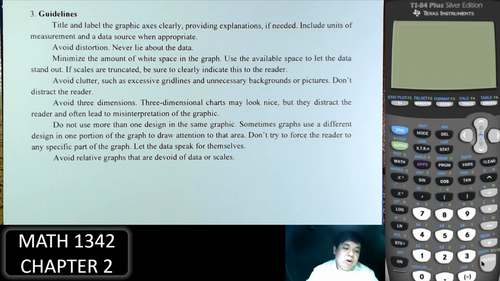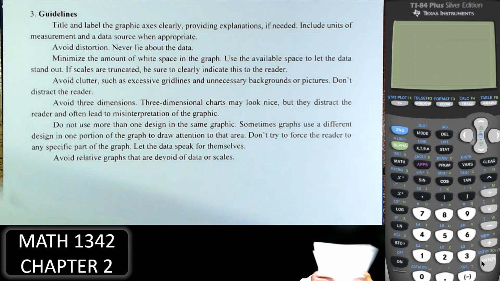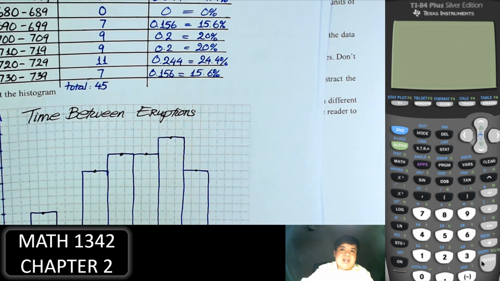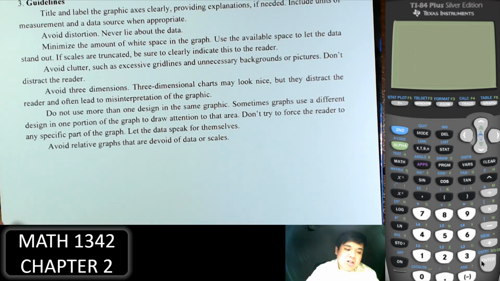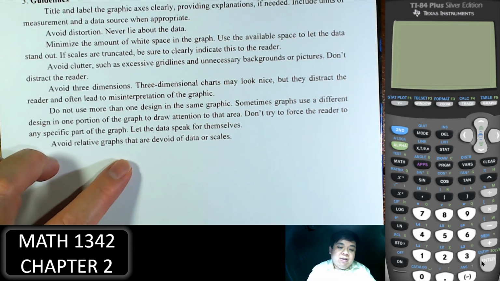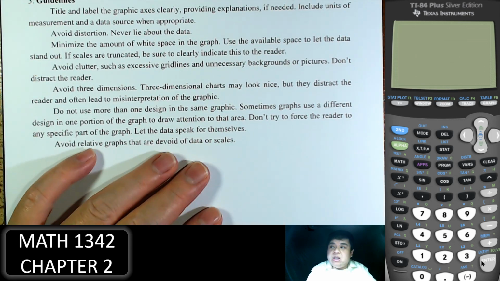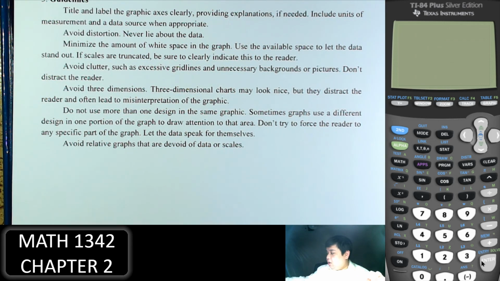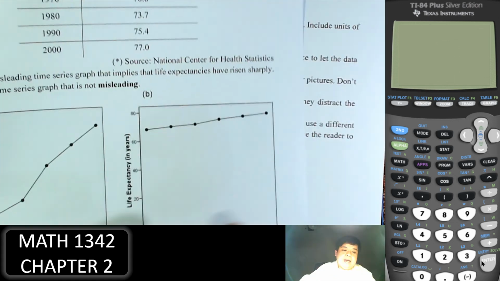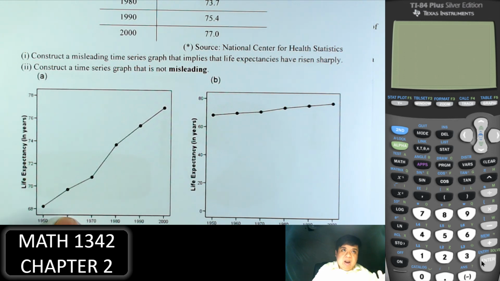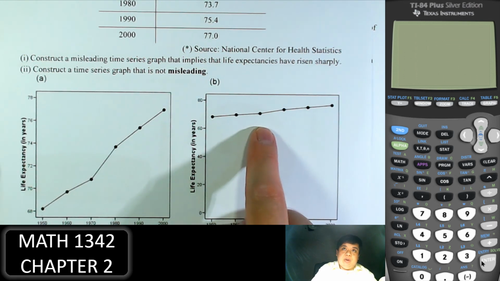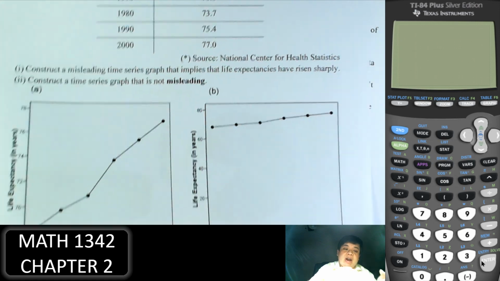And don't force the reader to any specific part of the graph. Like for the histogram, we don't mark one column differently than the others, or put in some different distraction. Avoid relative graphs that devoid the data or scale. That is the first one we talked about. Avoid that because the scale here will not accurately reflect in the graph. The scale is properly reflected in this graph.